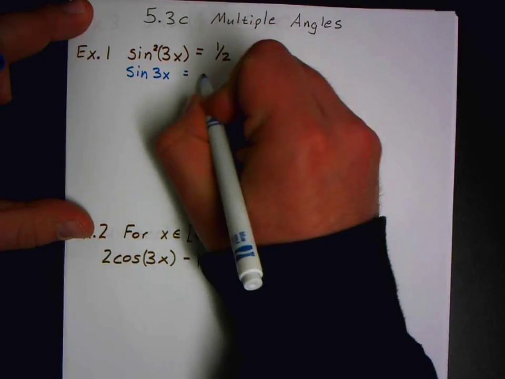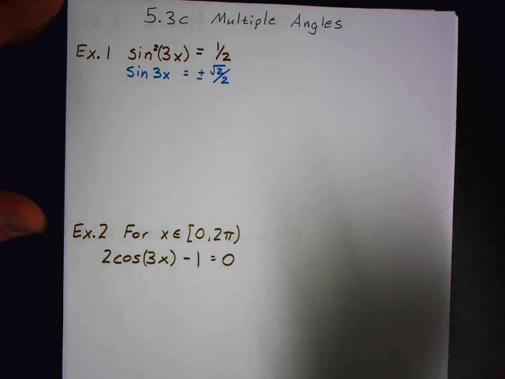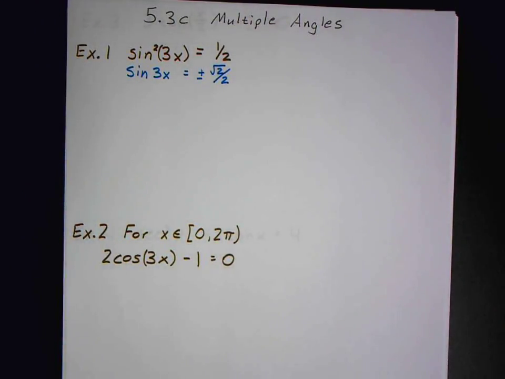So this can give me plus or minus square root of 2 over 2. Okay, then I need to find the places where sine equals square root of 2 over 2, positive or negative.